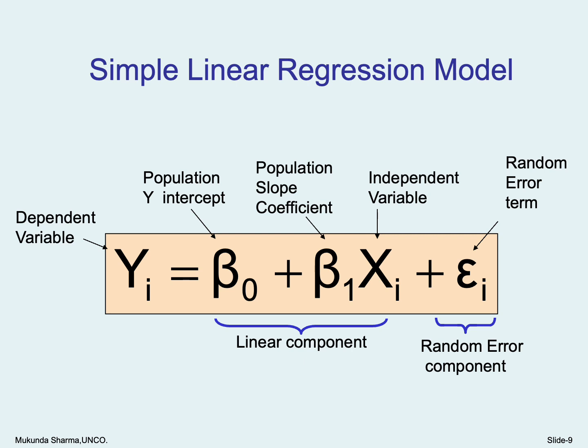These notations are used for population. Y is the dependent variable. Beta sub 0 is the population y-intercept. And beta 1 is the slope or coefficient of x. And epsilon is the random or error term.